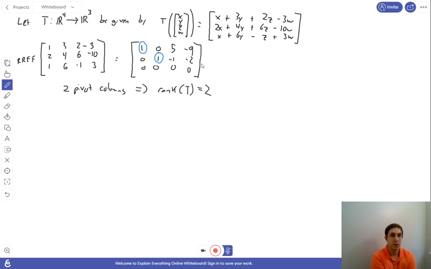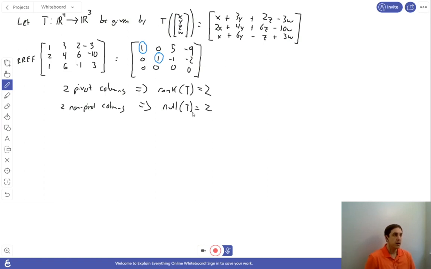So the free variables come from the non-pivot columns. So that would be the third and the fourth column. So we have two non-pivot columns. So this tells us that the nullity of T, the dimension of the kernel, is also 2.